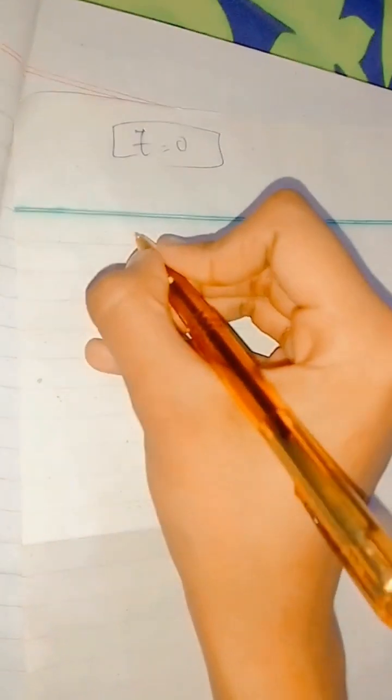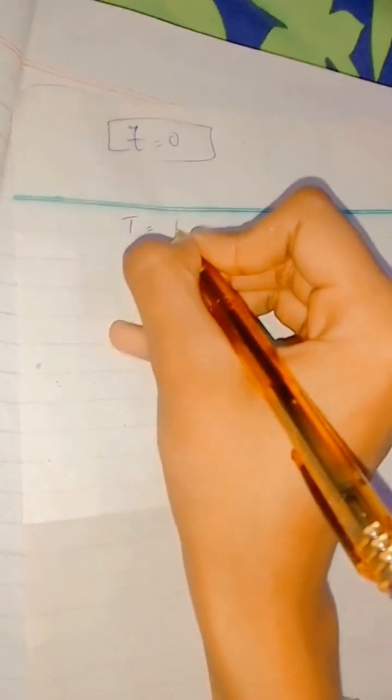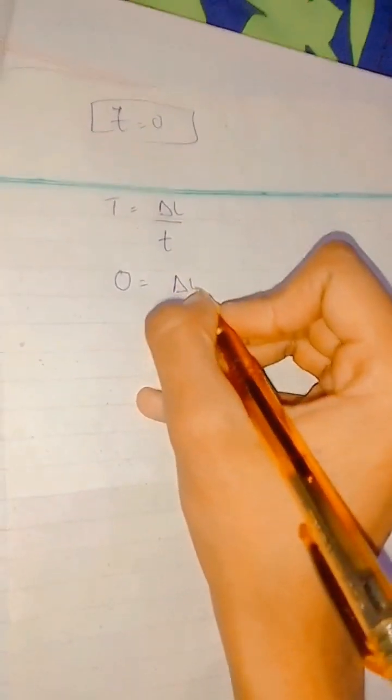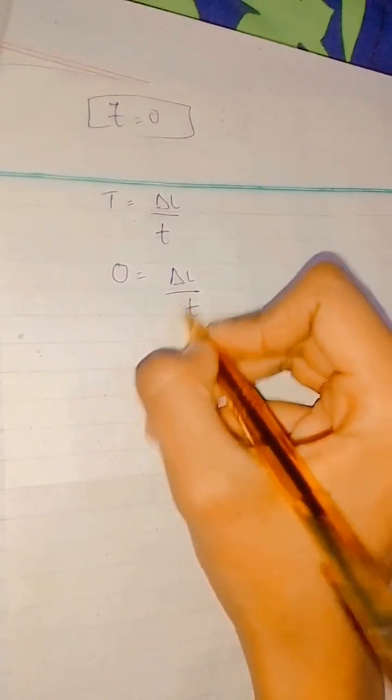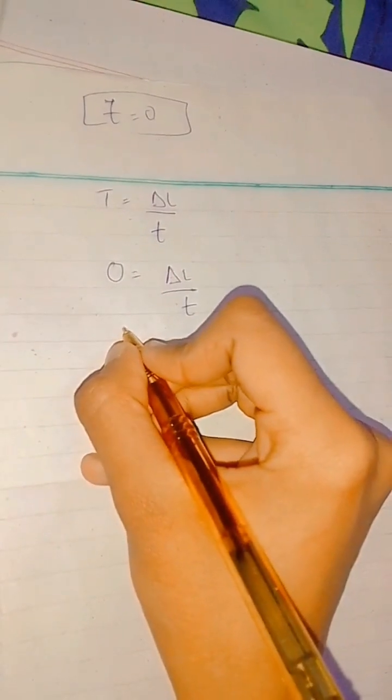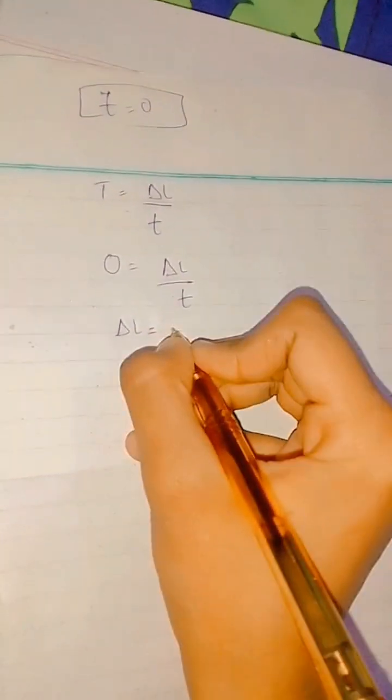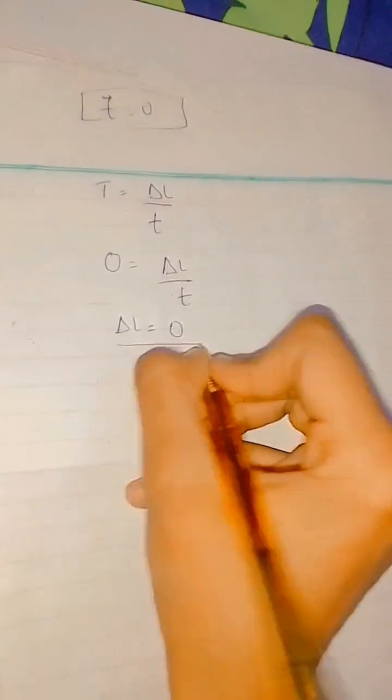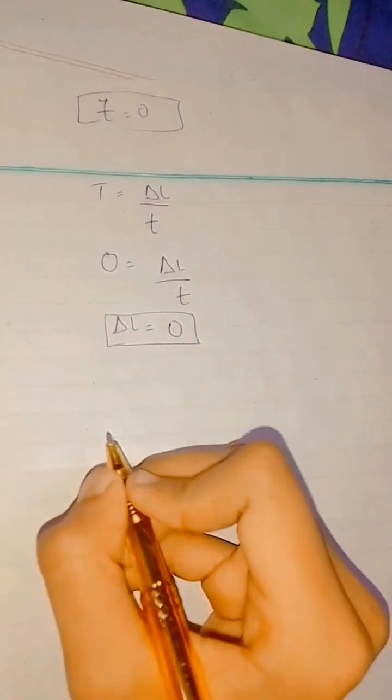If torque is 0, that is our condition. The formula we made is torque is equal to change in angular momentum divided by time. The torque will be 0, so the change in angular momentum divided by time is also 0, so the change in angular momentum will be equal to 0, meaning it will be conserved.